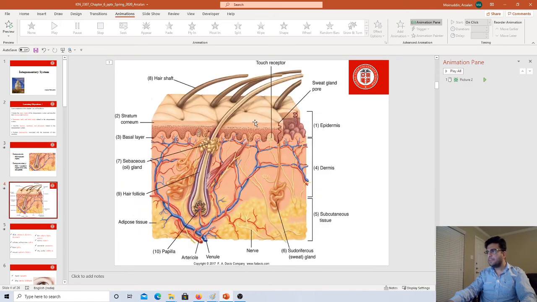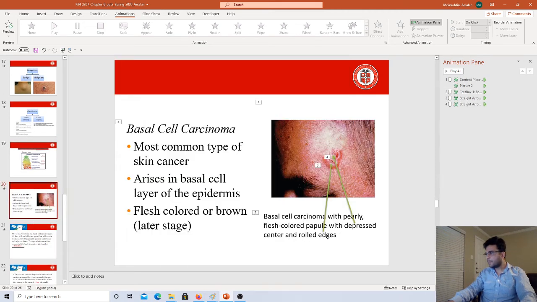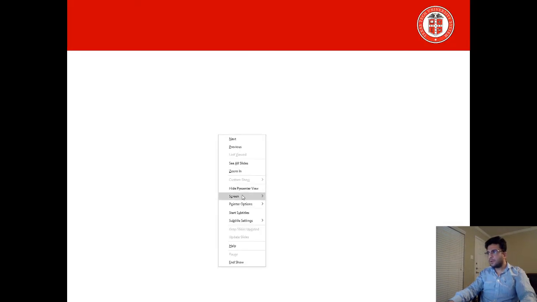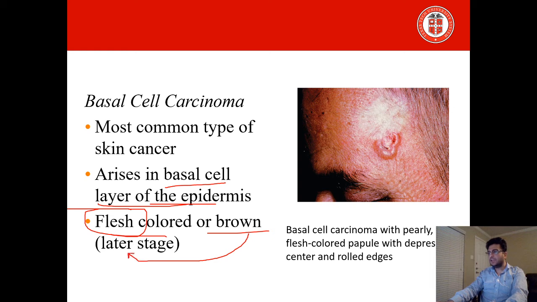So if you remember this layer, it arises from this layer of cells. So it arises from the basal layer of the epidermis, and the color is either flesh colored, dark red, or brown if it's a later stage.